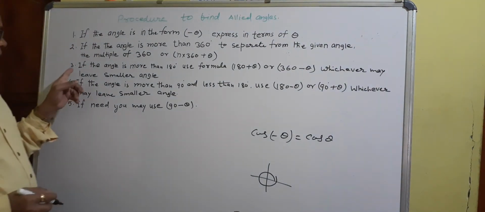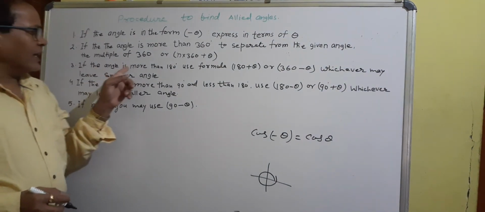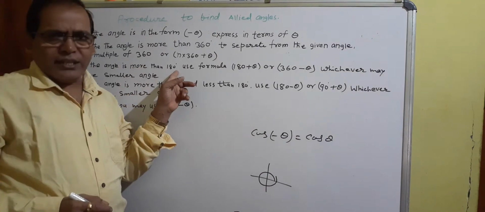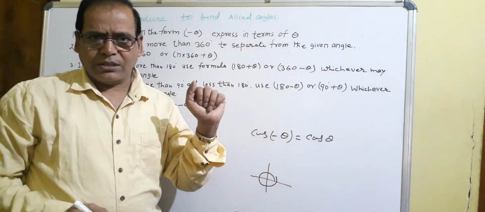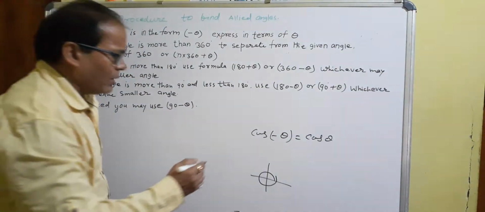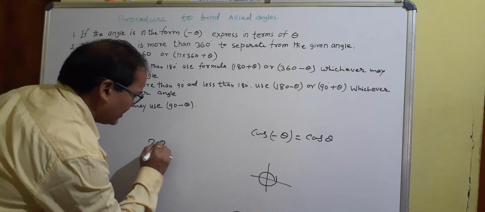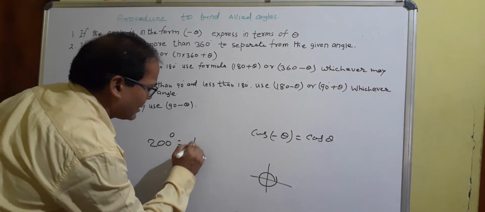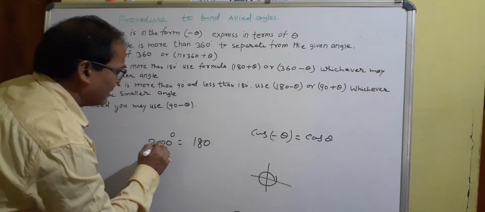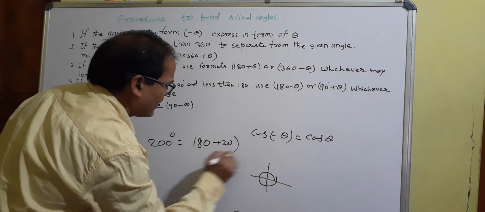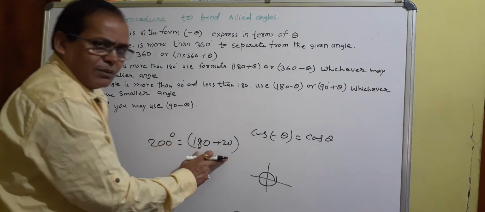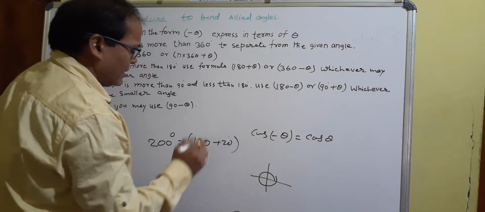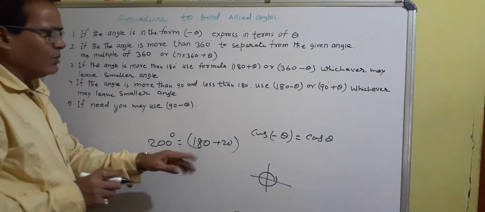Third rule, if the angle is more than 180 degrees, use the formula 180 plus theta. Like 200: if it is 200 degrees, we can say 180 plus 20. Sine 200 means sine of 180 plus 20 degrees.